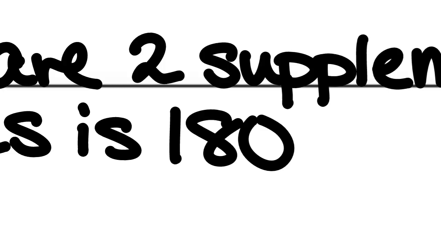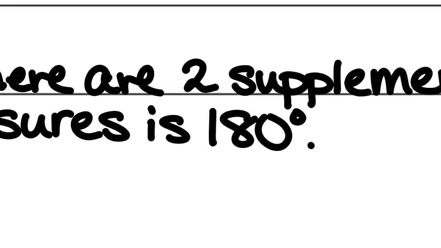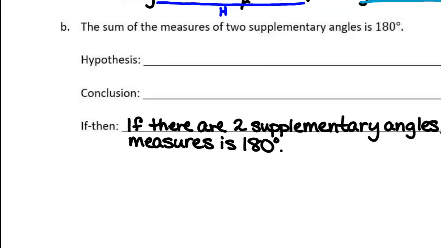All right, we got our if-then written. Let's use that now to write our hypothesis and our conclusion. The hypothesis comes after which of these words? In my if-then statement. After the if.